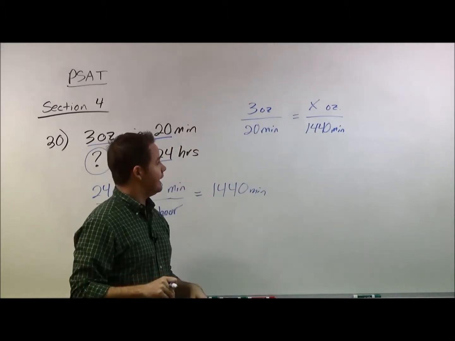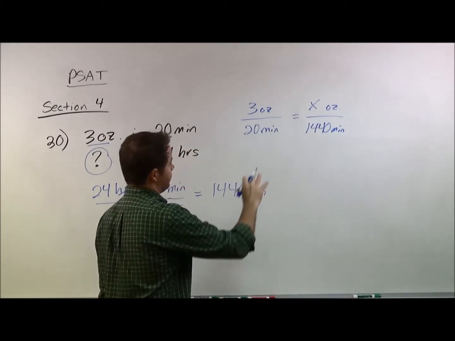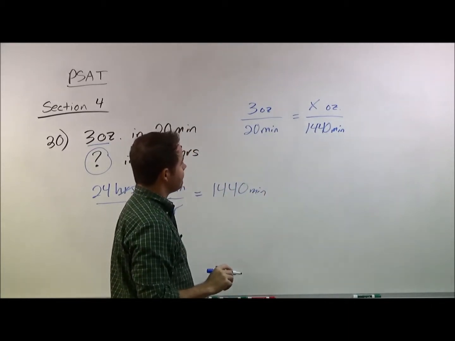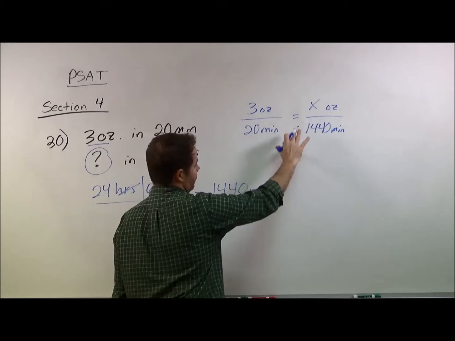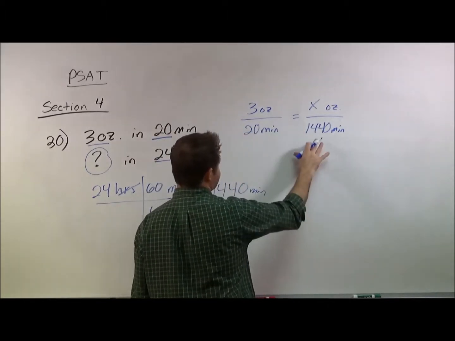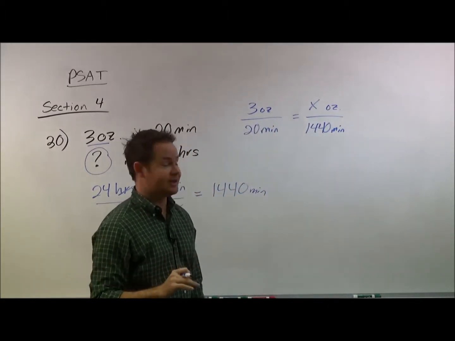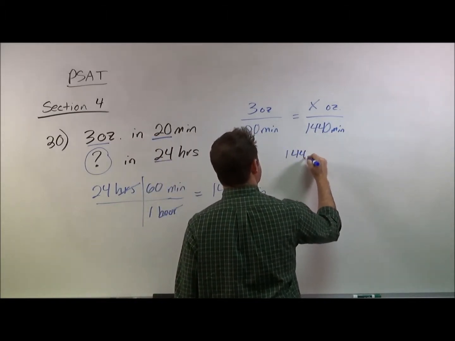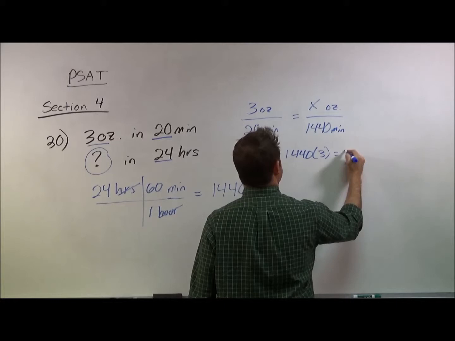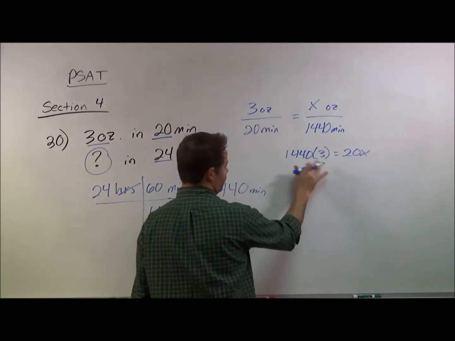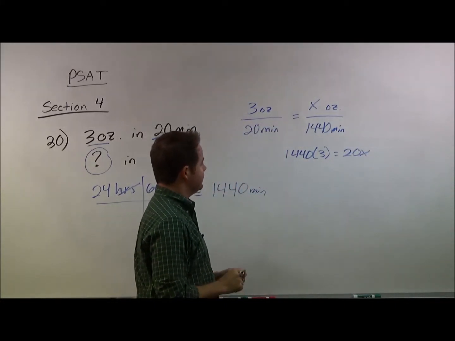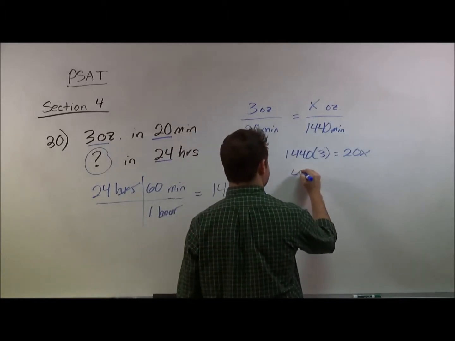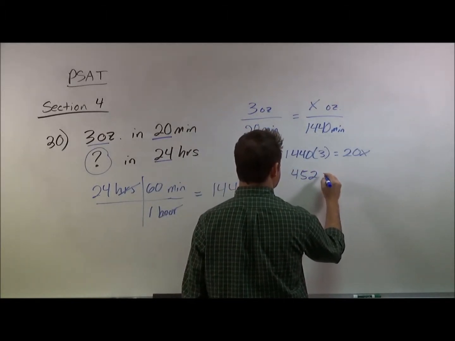Okay, so now if we do the math on this, when we go to multiply and solve for x, we have 1440 times 3. I should have done these calculations ahead of time, so bear with me. But we have 1440 times 3 equals 20x. And when we multiply that out, let's see, that'll be 4520.